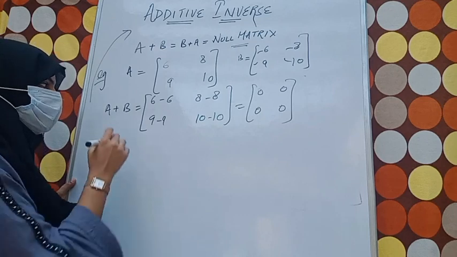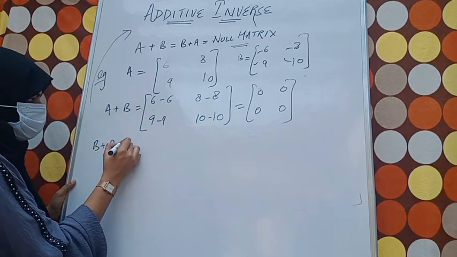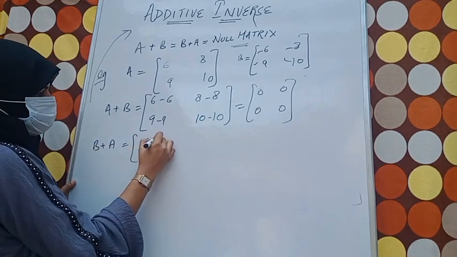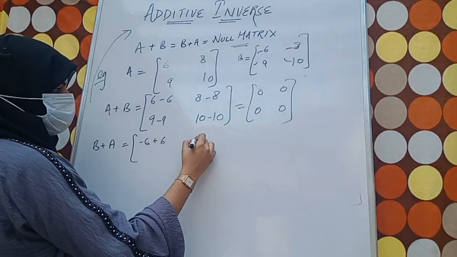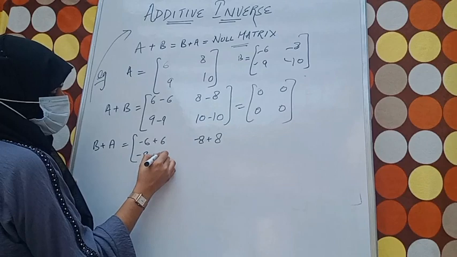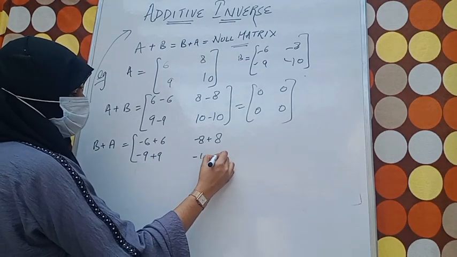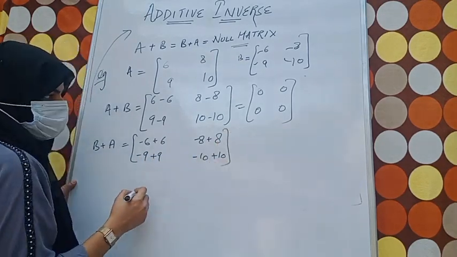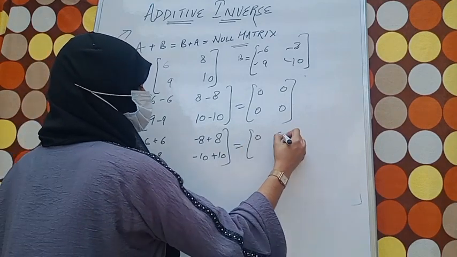Okay, whether you do B plus A, minus 6 plus 6, minus 8 plus 8, minus 9 plus 9, minus 10 plus 10, what will happen? This will also get cancelled and become 0.